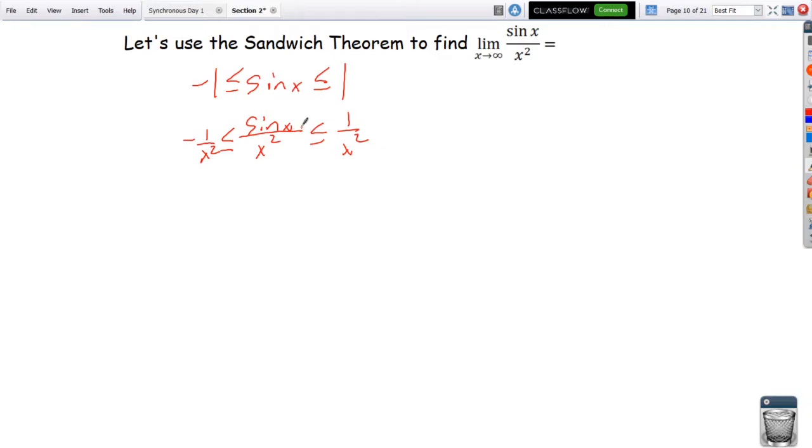Well now, look, I have that matching. All I have to do is apply the limit. As x approaches, it was infinity in the original problem, so I've got the limit as x approaches infinity of sine of x over x squared. And here's really the only calculus-y part of the sandwich theorem.